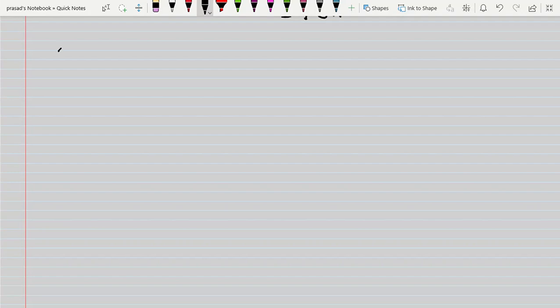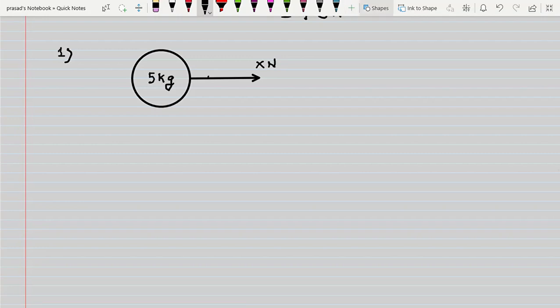So, the first question here. Let us consider an object, a force diagram is given to you. This object is of mass 5 kg. On this object, different forces are acting. So a force of x Newton is acting towards the right. A force of 4 Newton is acting towards the left.